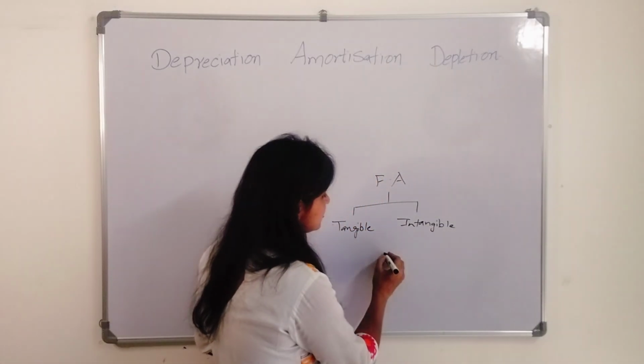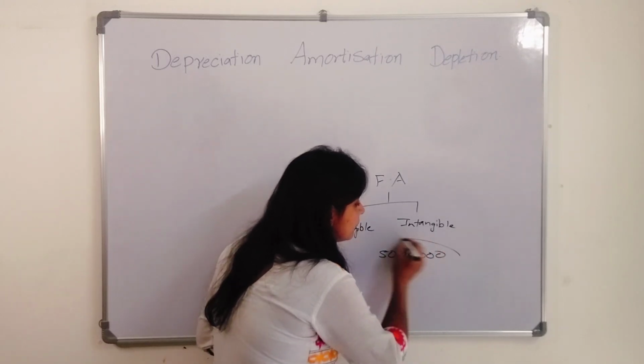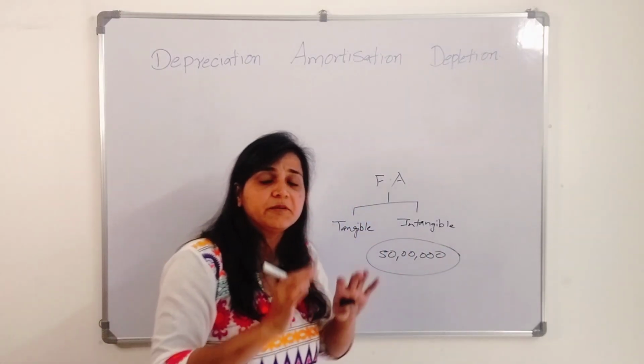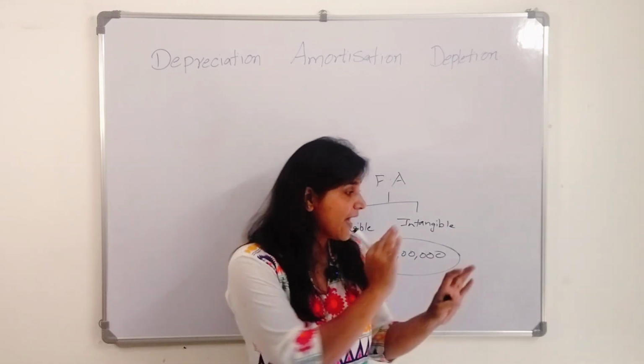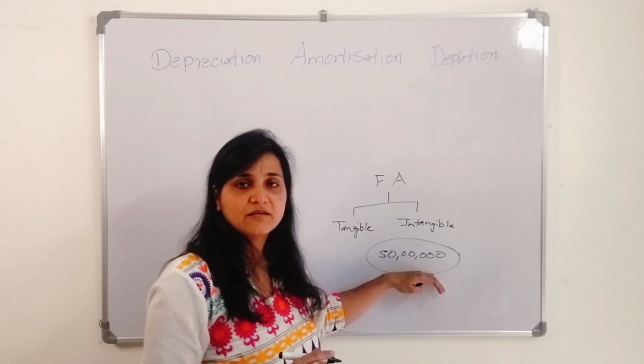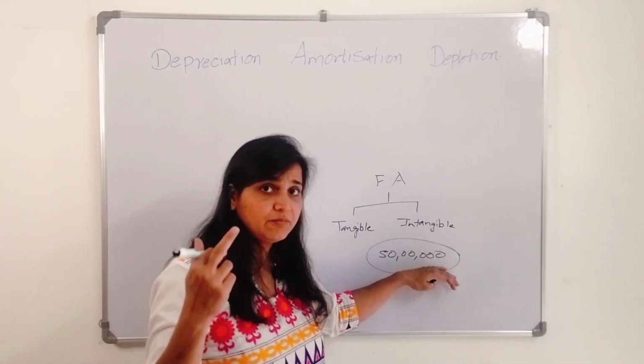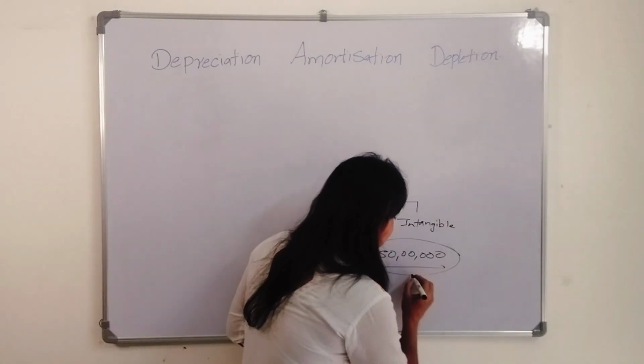Let's say I am purchasing a machinery worth rupees 50 lakh. Now this 50 lakh I can't charge as an expense for the current year. What I will do, I will capitalize it. But I am using this machinery. Now this machinery will give me benefit for, let's say, 10 years.